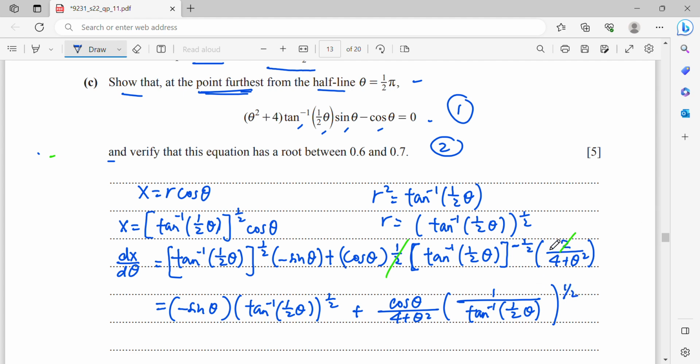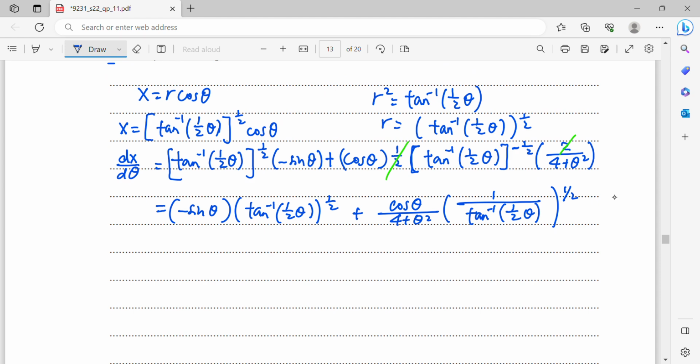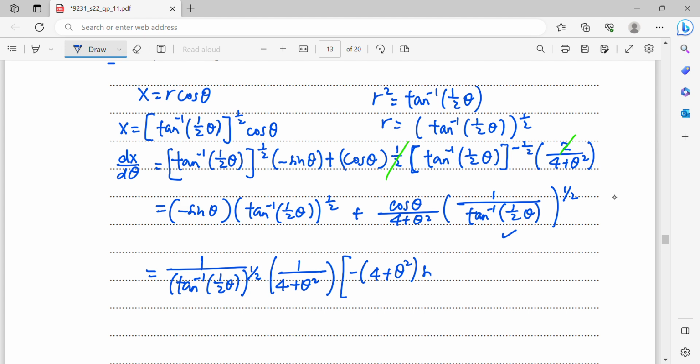Okay, so now, since I have a denominator 4 plus theta squared together with the inverse tangent to the power of negative half, I can factorize the whole term. So I will factorize 1 over inverse tangent half theta to the power of half, together with 1 over 4 plus theta squared. Then I will get negative 4 plus theta squared sine theta. There's a negative here, so the negative is already taken out.